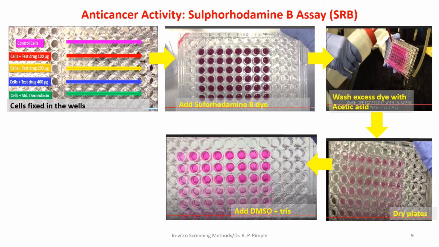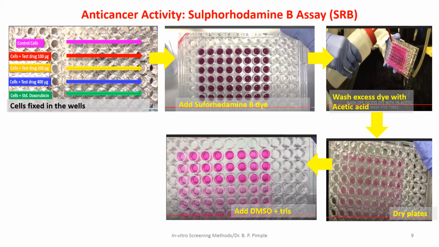Next, in these dry plates or the wells, we need to add DMSO solution so that the cells will get killed or lysed and the dye that is present inside gets extracted, and it is to be mixed with tris buffer solution so that the dye will be soluble properly in the tris buffer solution.